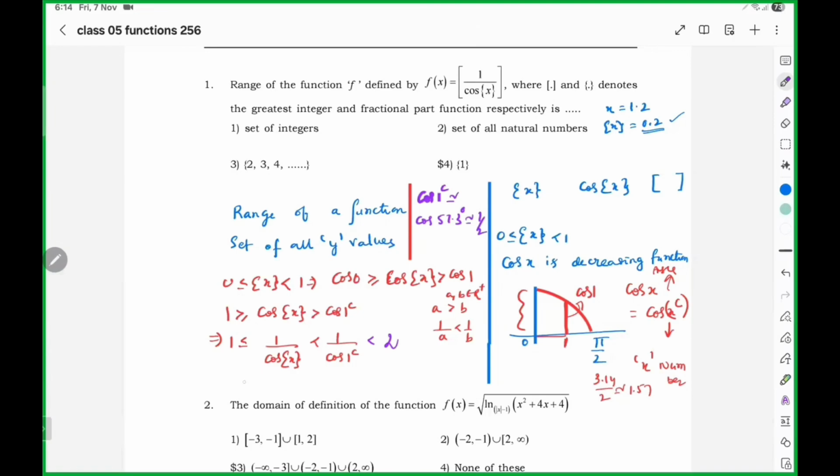That means finally the required one, 1 by cos of the fractional part of x, which implies the integral part.